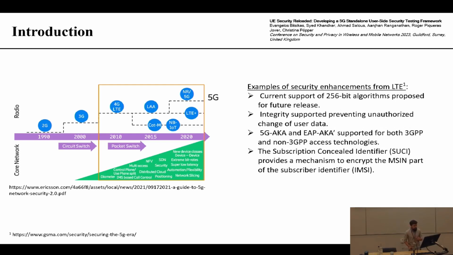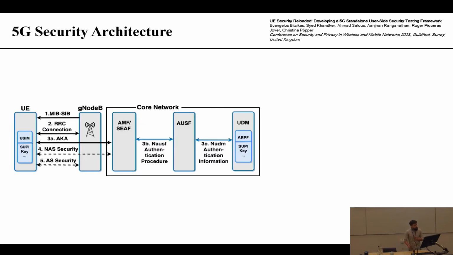According to GSMA, these are a few notable examples of security enhancements from LTE. Of course, we have the algorithms, integrity support for user plane traffic, expansion of AKA, and SUCI, which is the encryption of IMSI to protect the user equipment.